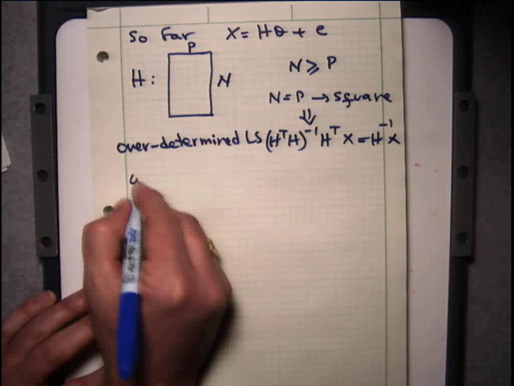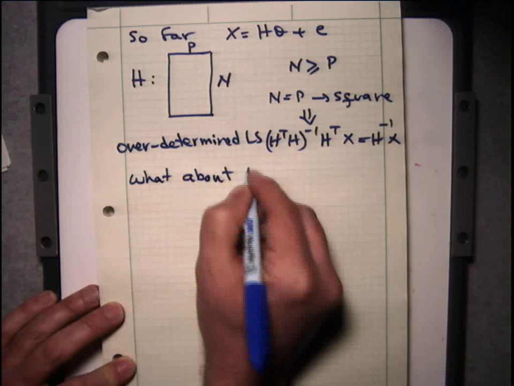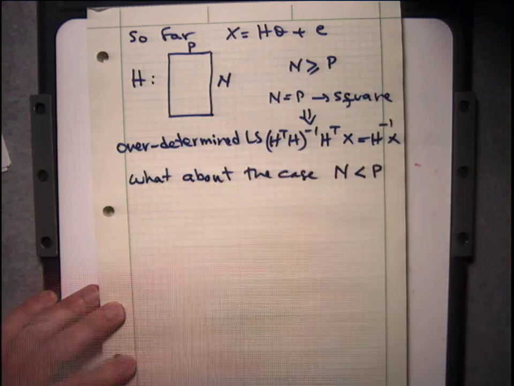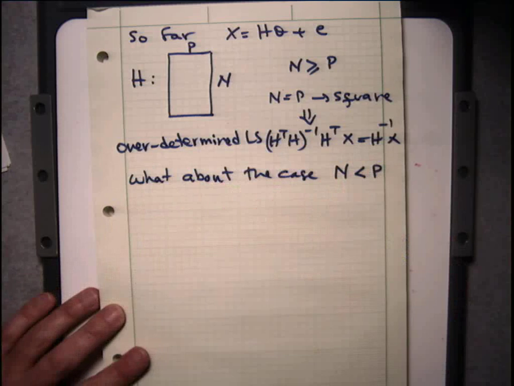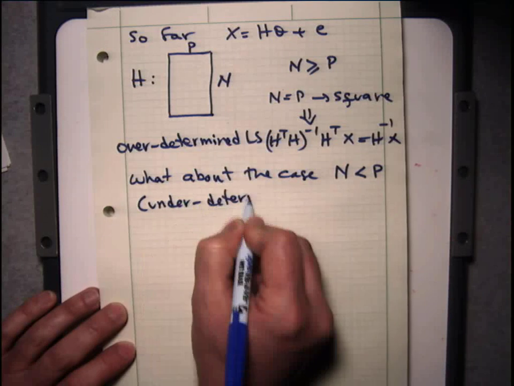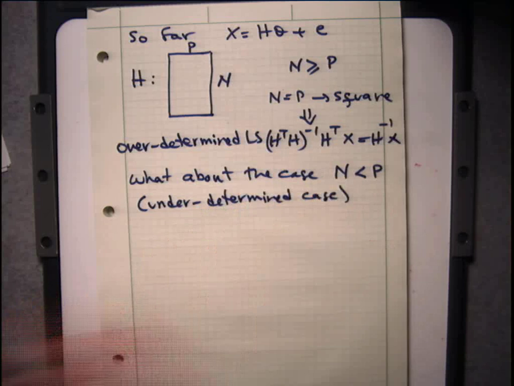So what about the case when n is less than p? What can you do? This is called the underdetermined case, because you have fewer equations than you have unknowns.